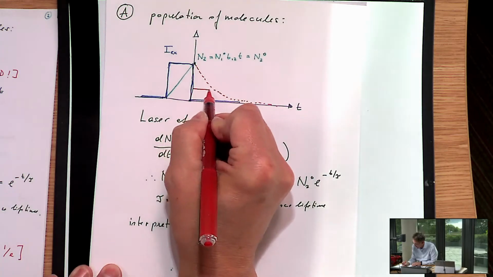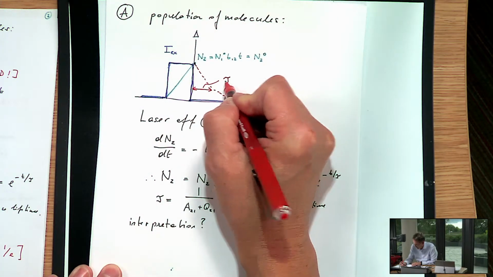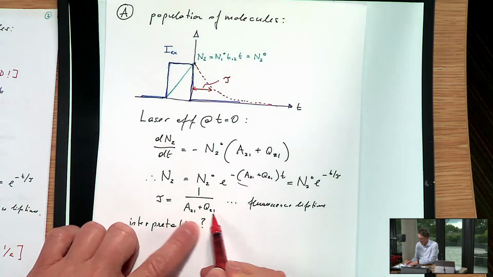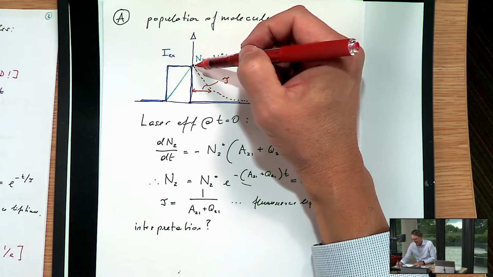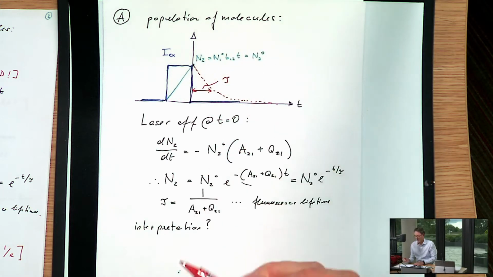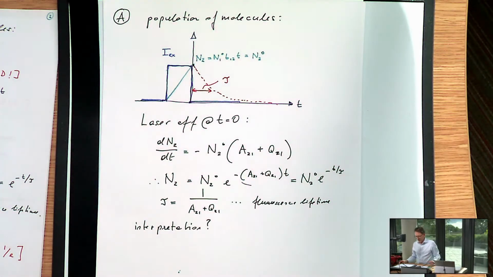Okay, so after time period tau, given by 1 over A21 plus Q21, the upper state population will have decayed to about 36% of its value, 1 over e of its value.